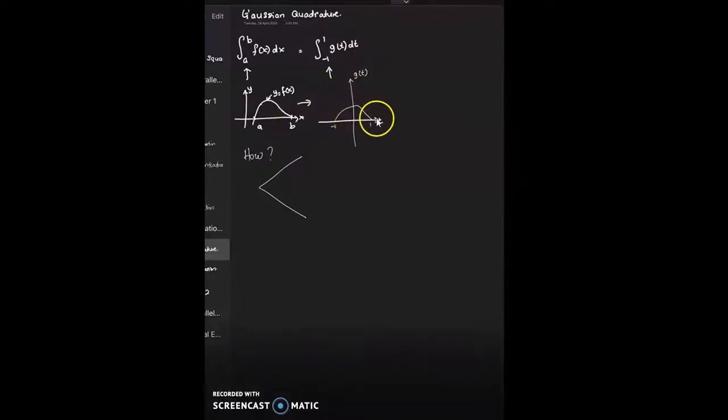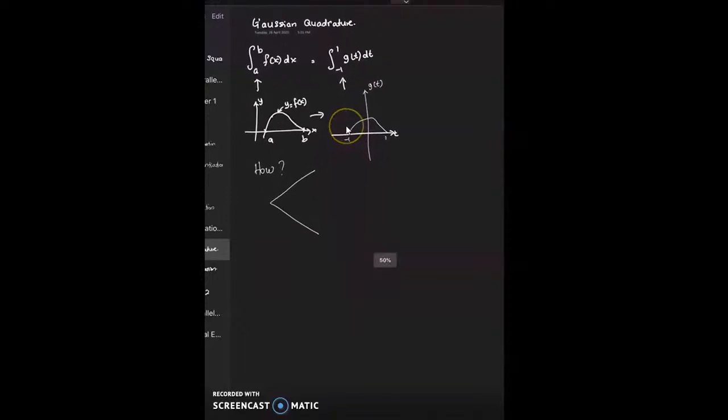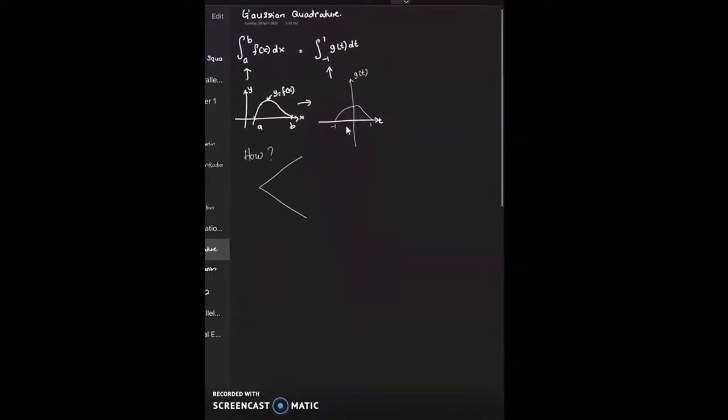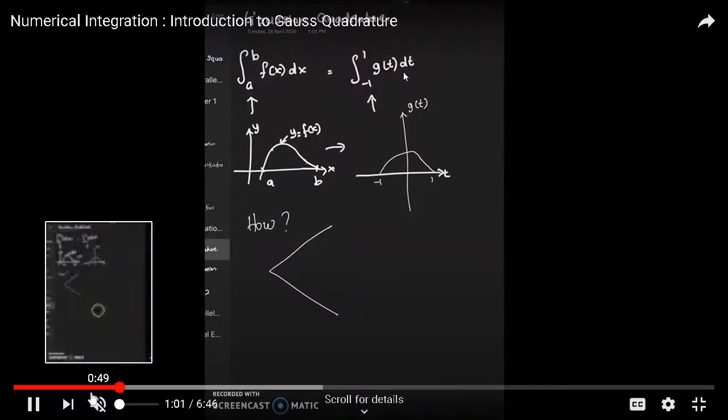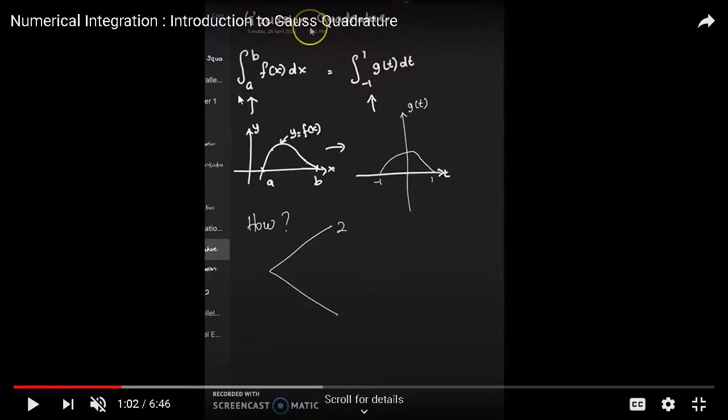You create a new domain between -1 and 1. So the graph between a and b can be transformed to the domain -1 to 1, and in this case we are applying Gaussian quadrature.